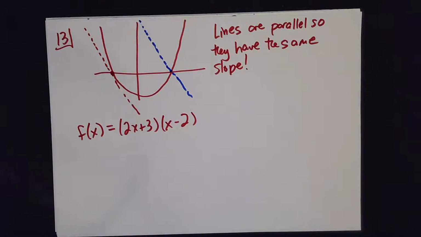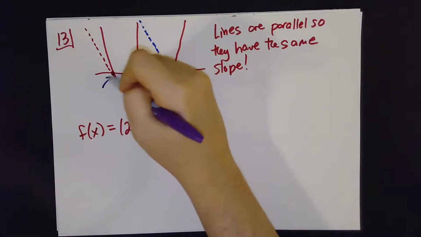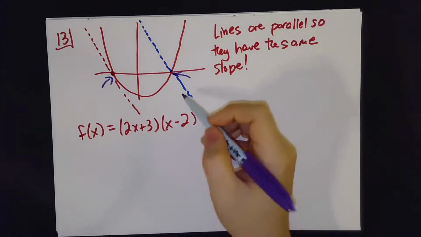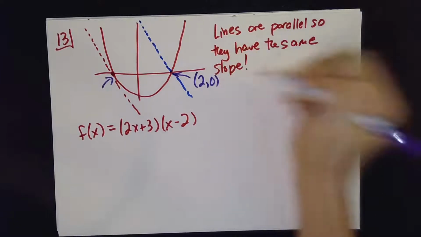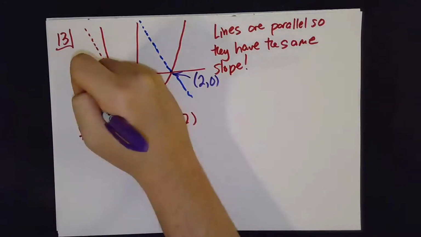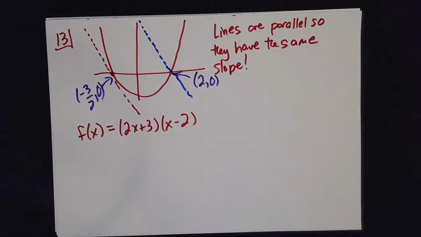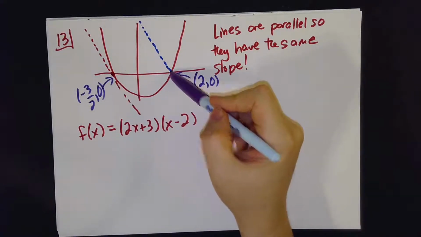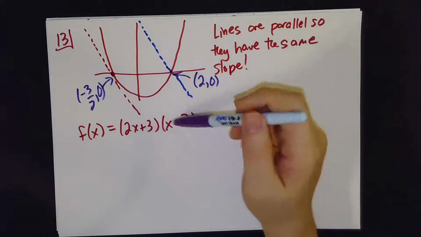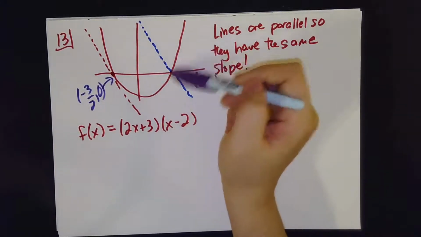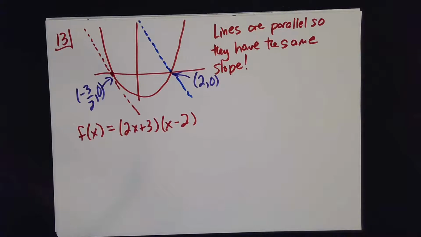It'll make my life easier if I go ahead and note what the 2 points are. Namely, these 2 points, these are x-intercepts. So this point is (2, 0). And this point is (minus 3/2, 0). Note, I get those points just by looking at where the original function is equal to 0. Those are places where the original function crosses the x-axis.